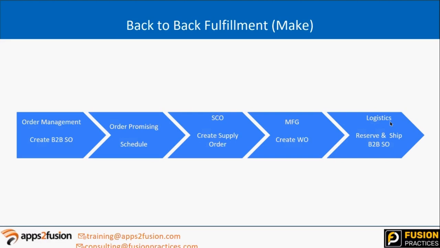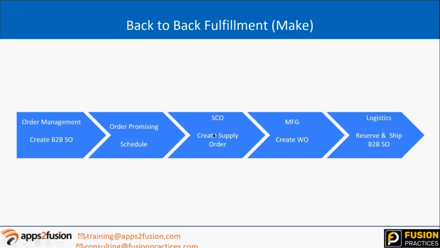Yes. In a back-to-back process, what is interesting in the cloud is a very interesting concept where your reservation is transferred. I know this is there only in the cloud and it's not there in EBS.